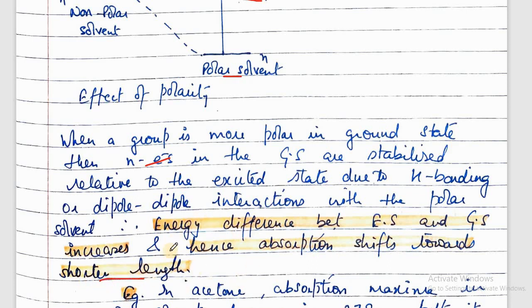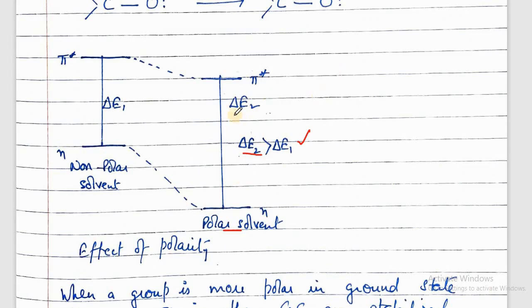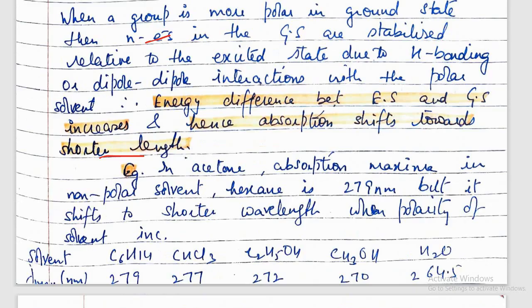So this is important: in n to pi star transitions, the energy difference between excited state and ground state increases with the polarity of solvent. When the polarity of solvent increases, this difference increases, that is, absorption takes place at the lower wavelength, or we say this absorption shifts towards the shorter wavelength.